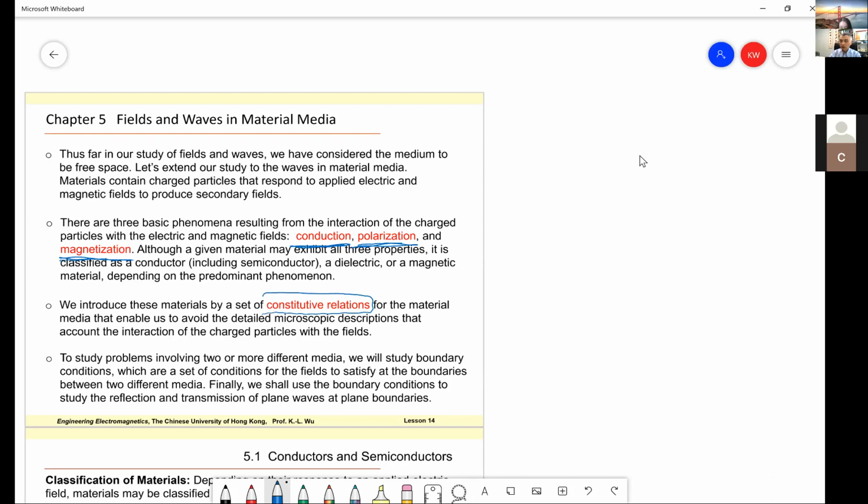The constitutive relations. Actually, we already used constitutive relations just now, right? But we didn't go into the detail.